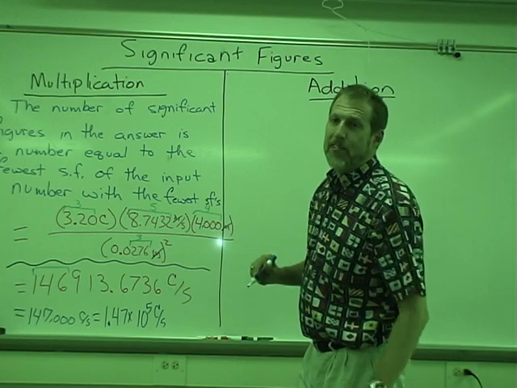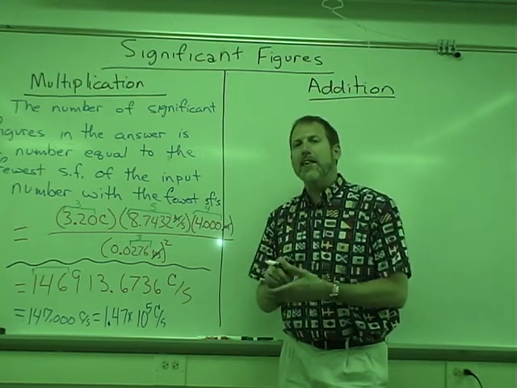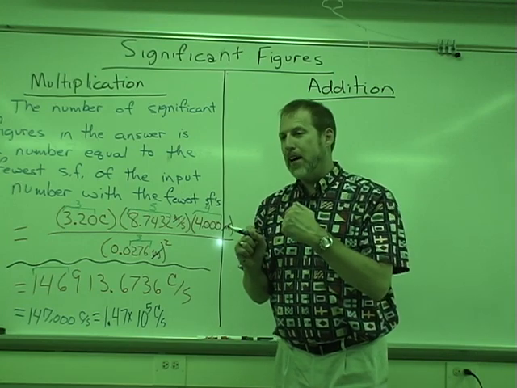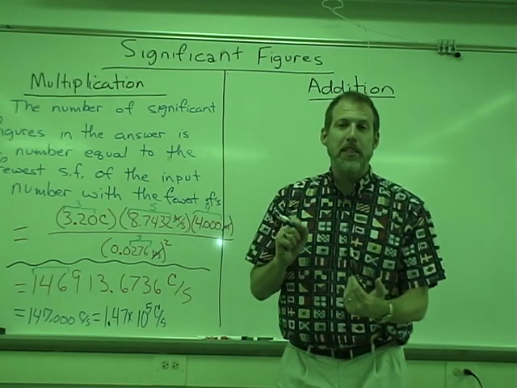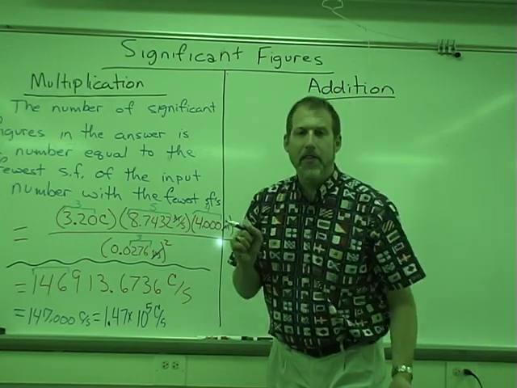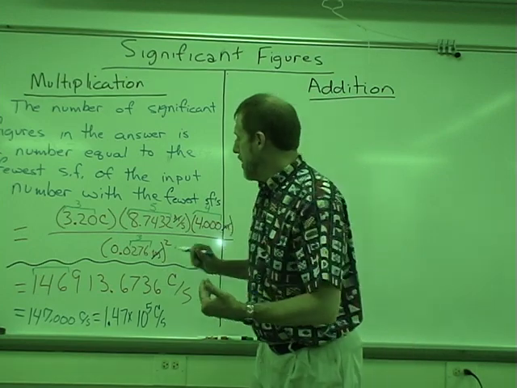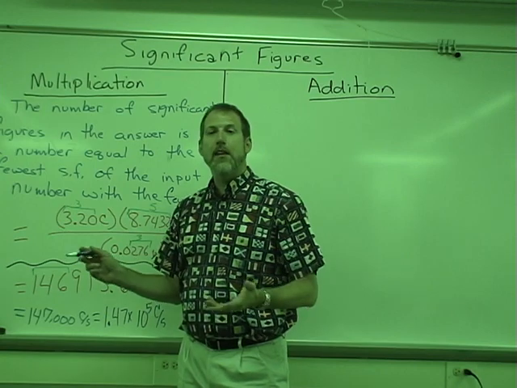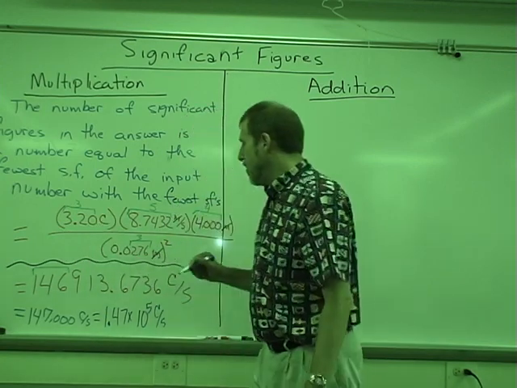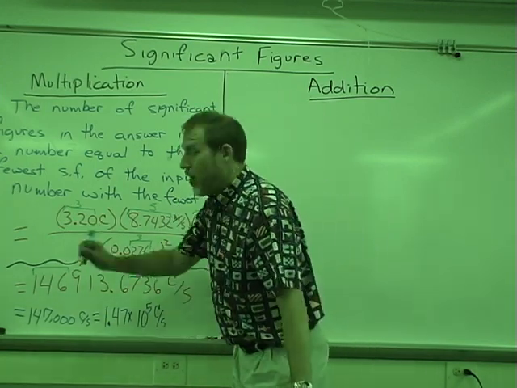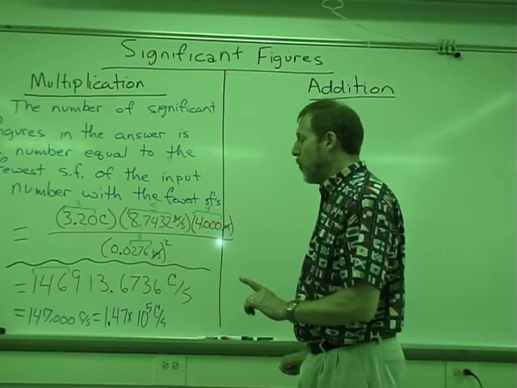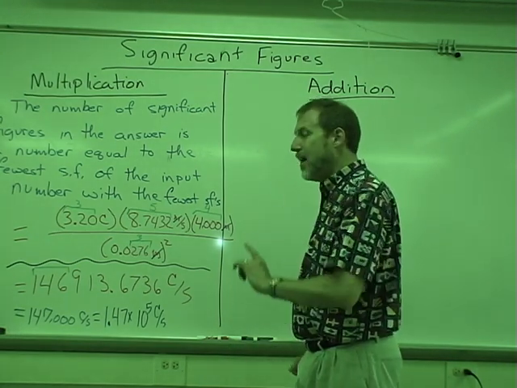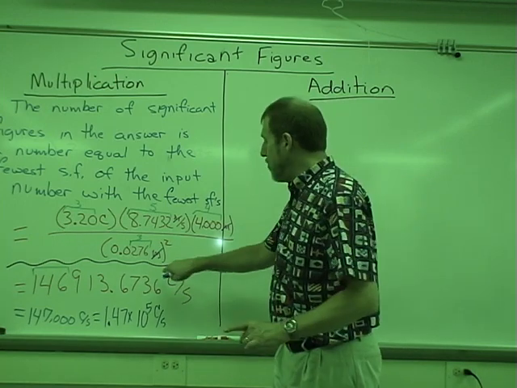Another way to do this is to go with the idea that we will typically try to imagine numbers between 1 and 1,000. So every 3 powers of 10, there will typically be a commonly used breakpoint. So this number, what our calculator tells us as 146,913.6736 coulombs per second, is wrong.